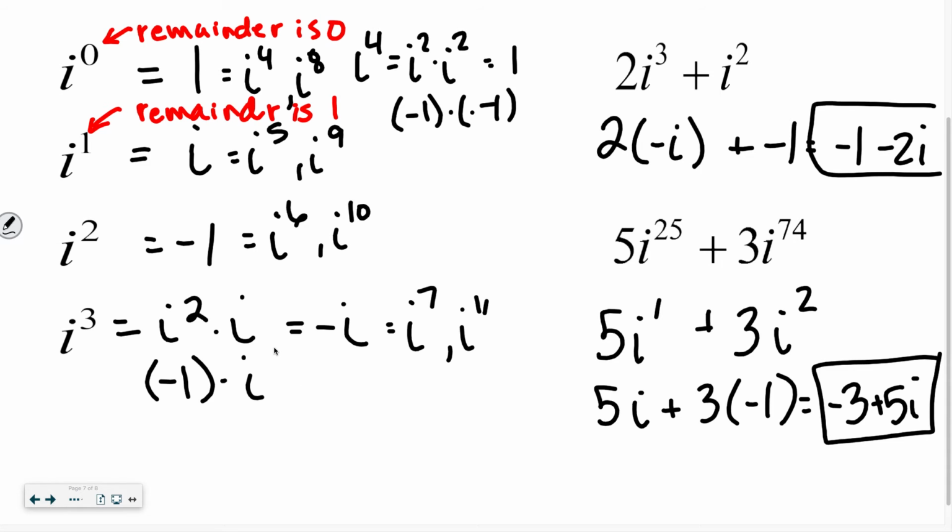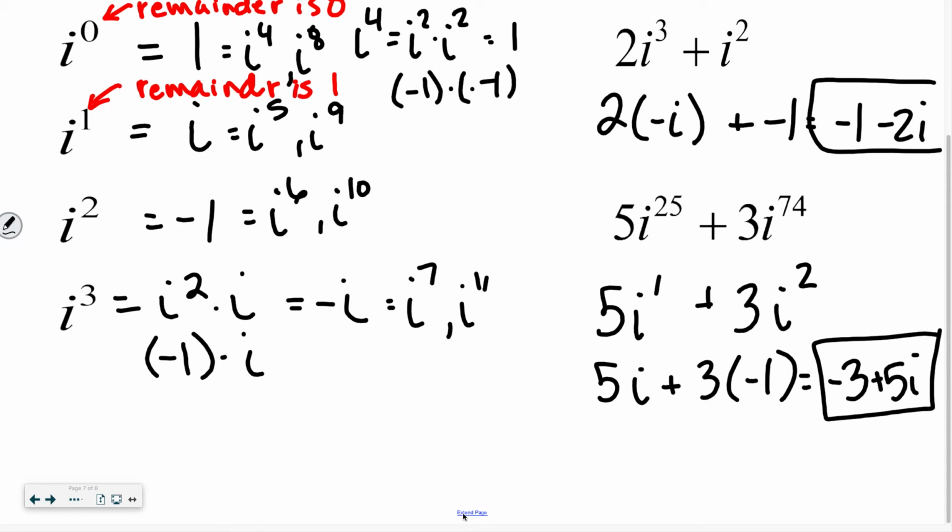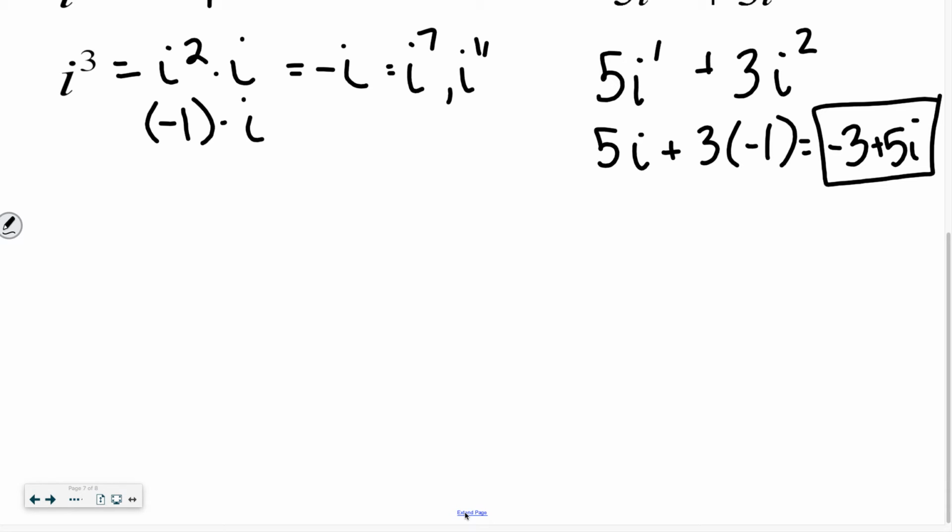Now, before you leave, I want to ask this question. Sometimes in some math classes you might study division rules. Suppose I did i to the 16,528. Of course, you could do the division on that one. But does anybody know how to look at 16,528 and know if it's divisible by 4? Yes, Aiden, what is the rule?